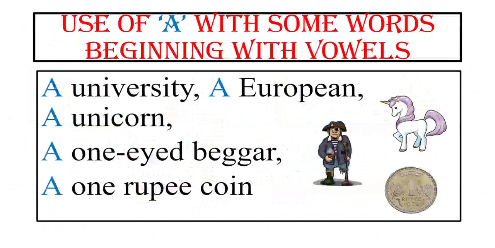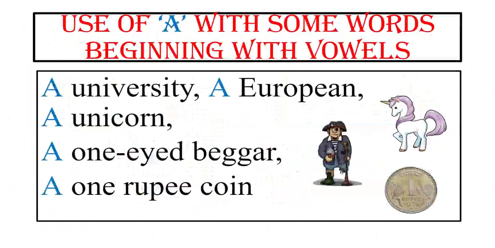Why? Because of the pronunciation of the words: university, European, unicorn. What is the sound? It is y. Y is not a vowel. So we use a with that because that's the sound of a consonant: a university.